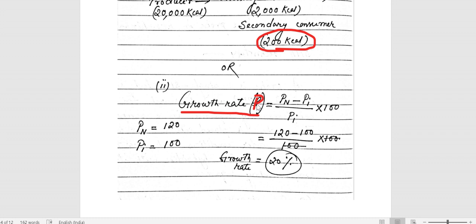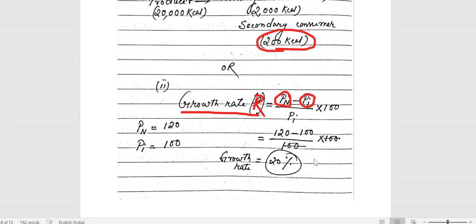Growth rate R is equal to (Pn minus Pi) by Pi into 100. So here Pn is 120, the final record, which we got, and the initial record was Pi, 100.